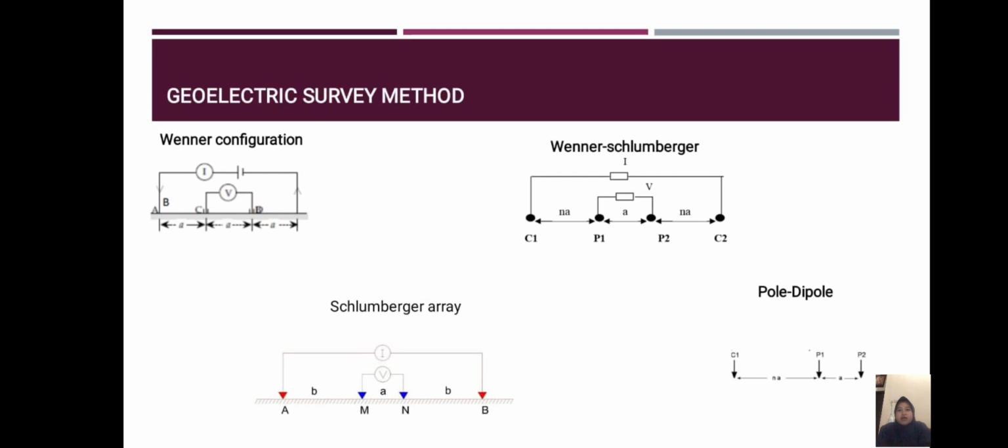The final current electrode C2 is fixed at a distance from the configuration. This is approximately 5 to 10 times the expected penetration depth and at an effective infinity distance from the array.